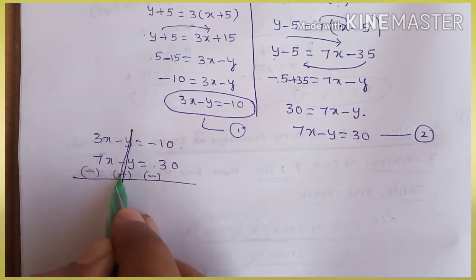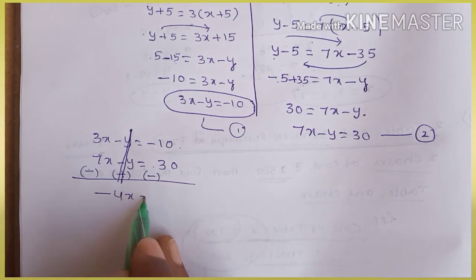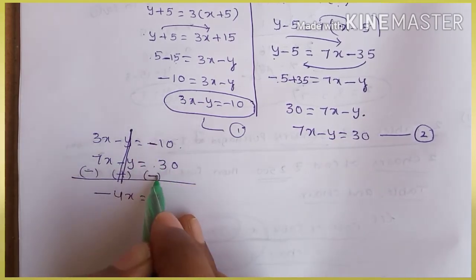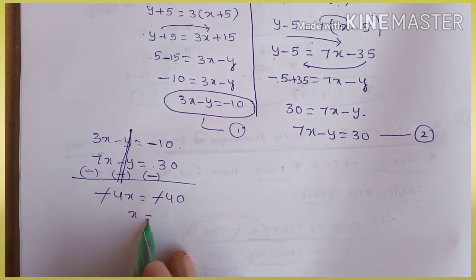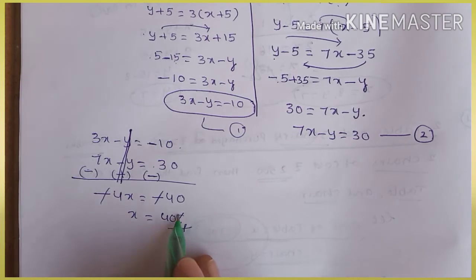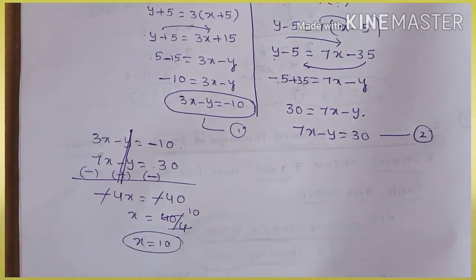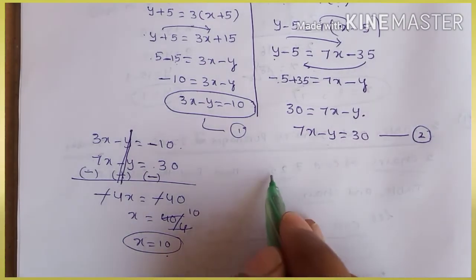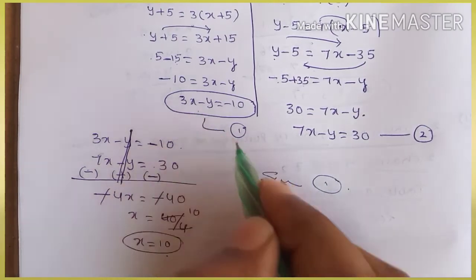Plus y minus y gets cancelled. 7x minus 3x is equal to 4x. Minus 10 minus 30 is minus 40. Minus cancels. Value of x is equal to 40 by 4, 10.